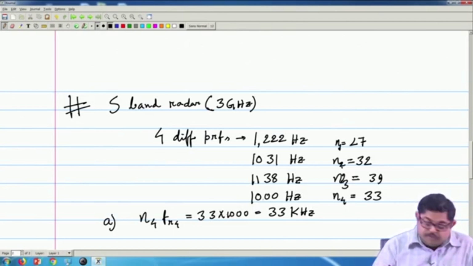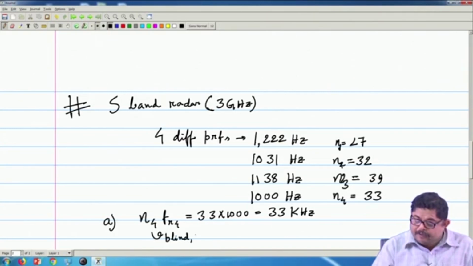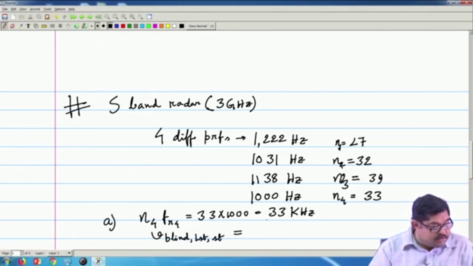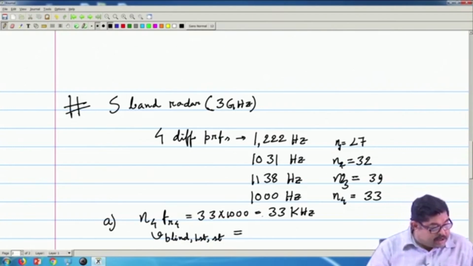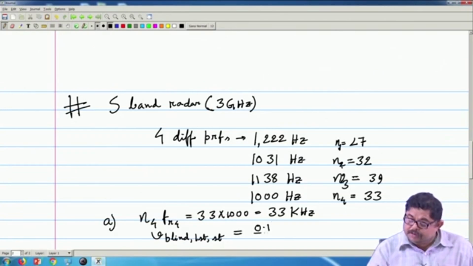So, what is the blind speed V for staggered? We know this formula is simple, lambda by 2 into this. This is 3 gigahertz, so lambda will be 0.1 in meters, by 2 into this 33 kilohertz.